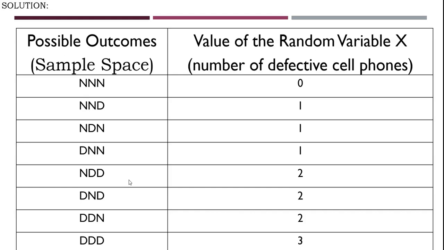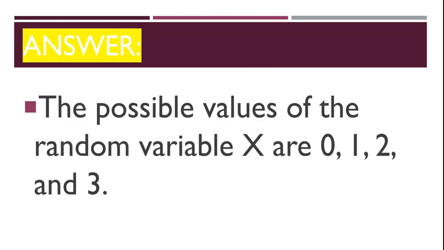So we assign the number 1. And so on and so forth. Remember that all the values listed in the second column are the values of the random variable x, the number of defective cell phones in the experiment. So now we can say that the possible values of the random variable x are 0, 1, 2, and 3.